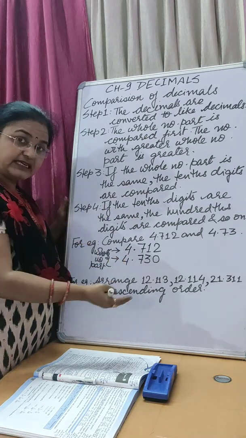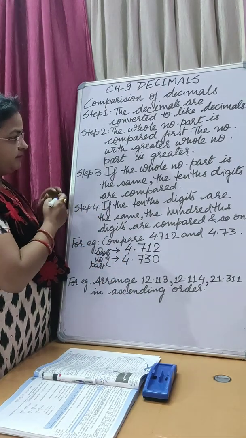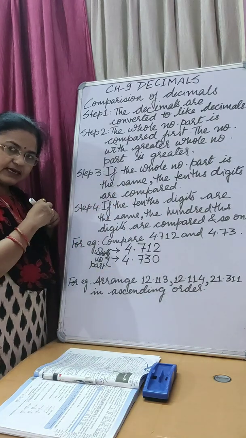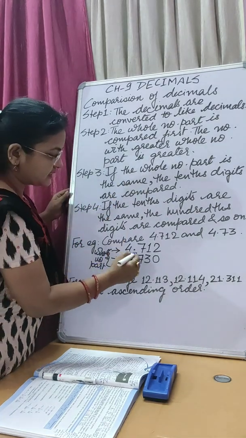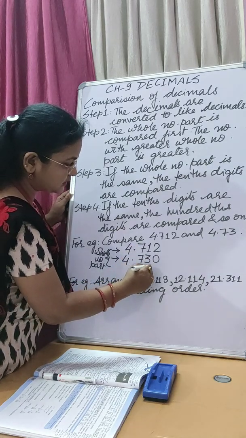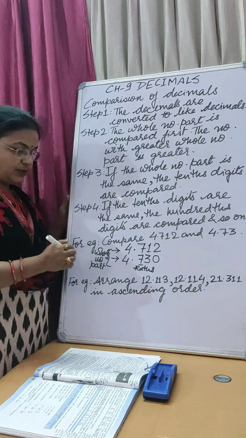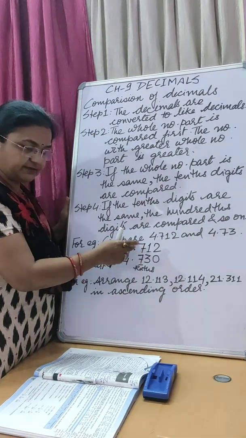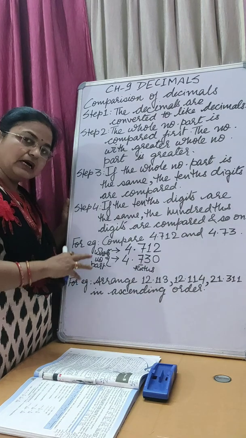So we'll proceed further. If the whole number part is the same, then we move to the right hand side of the decimal number, first position. This first position is the tenths position. Now you can see 7 and 7, so the tenths position is also similar.